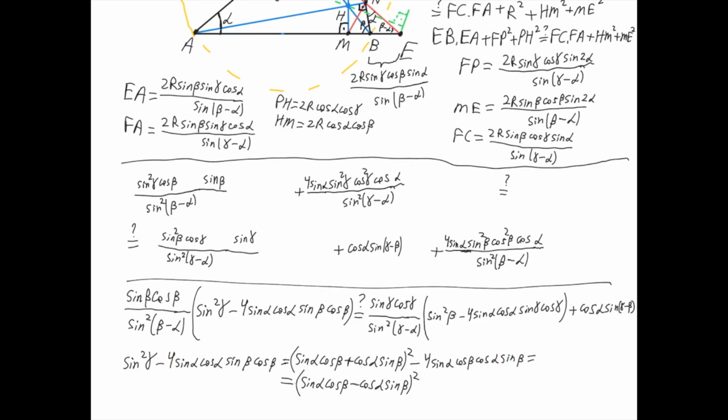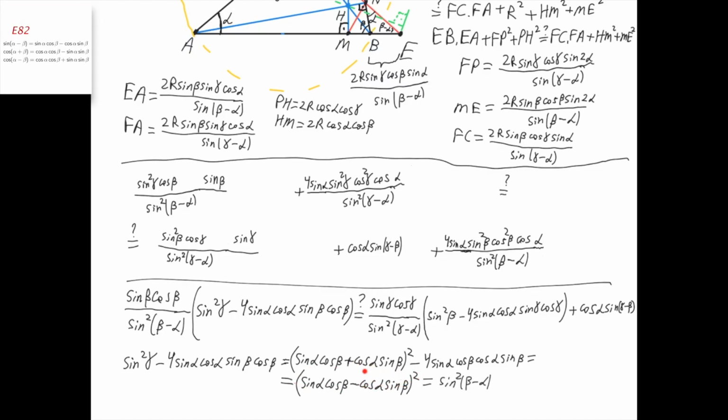But now see that if this thing here is A, and this thing here is B, then this thing here is 4 times AB. So essentially we get A plus B squared minus 4 times AB, which equals A minus B squared. So this whole expression can be rewritten as sine alpha cosine beta minus cosine alpha sine beta squared.